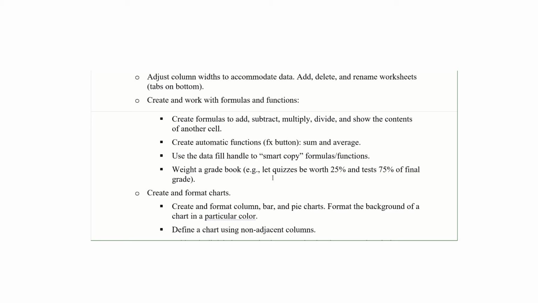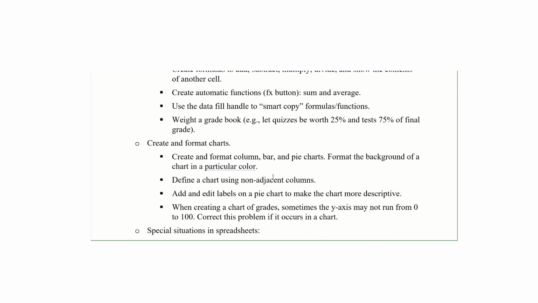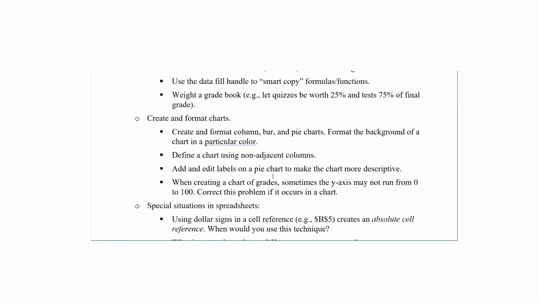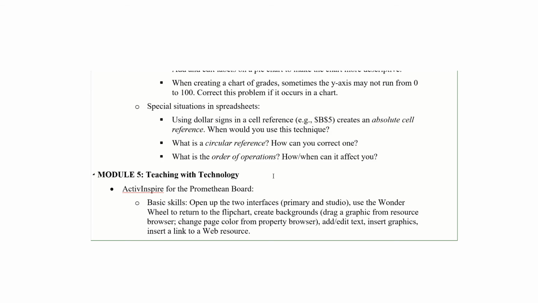And we also did it through automatic functions by pressing the FX key, and then we're able to say, give me the sum or the average. We used data fill handle, and we looked at smart copying, and we also looked at how you could weight a grade book. We created and we formatted charts, and we looked at a couple of special situations in spreadsheets.